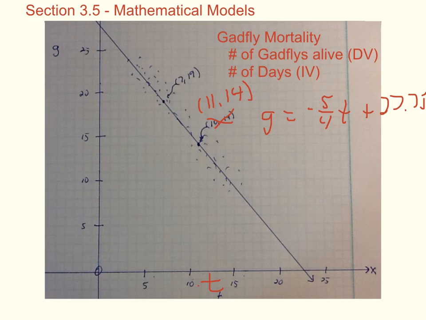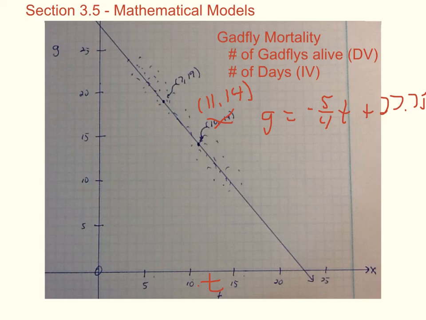So if we want to ask what our domain is, the reasonable values of the independent variable, in this case time, we would go from 0 to 23 days. And then the range, the number of gadflies, we could make a prediction that at 0 days you could have roughly 27.75 gadflies.